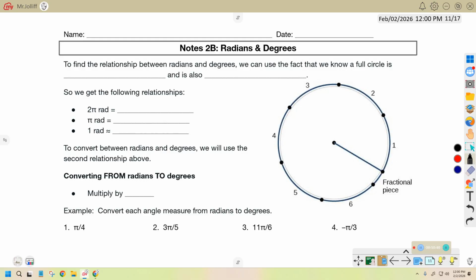So, on the unit circle, if I make a single loop all the way around, how many degrees is that? 360, very good. If I start on the unit circle and I make a full loop all the way around, how many radians is that? 2 pi, very good.